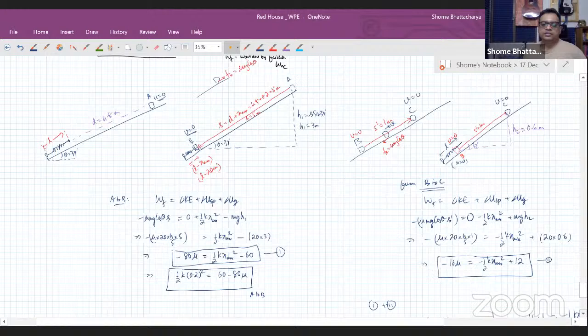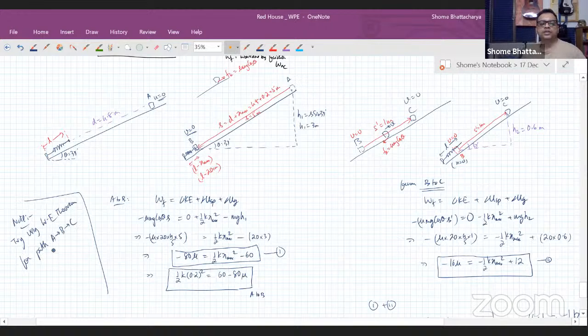Now, when you're analyzing this question later, you can do one more thing. You can solve for the entire journey ABC. You can also write, try using the work energy theorem for the path A to B to C. So if you do that, now it's very interesting.